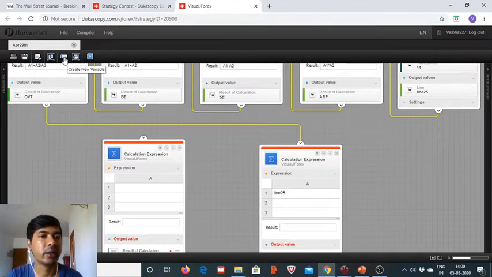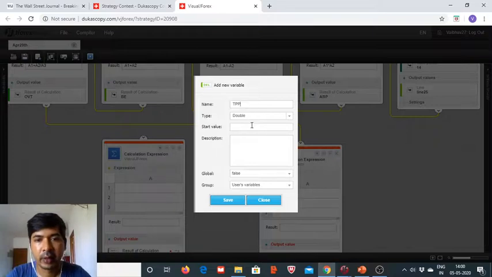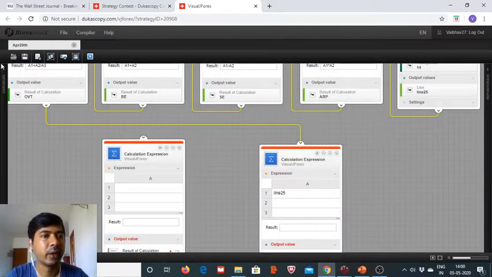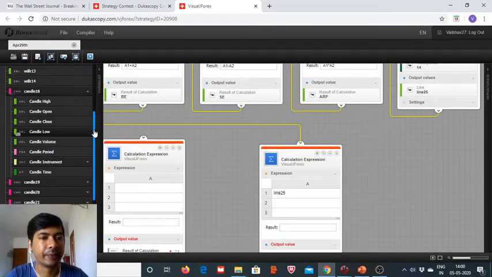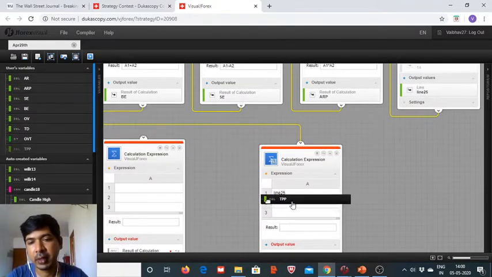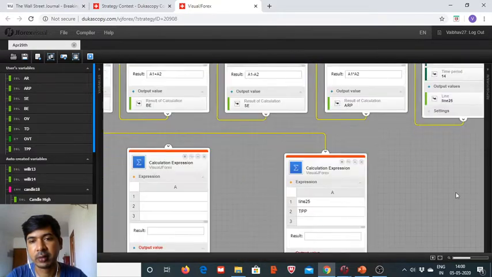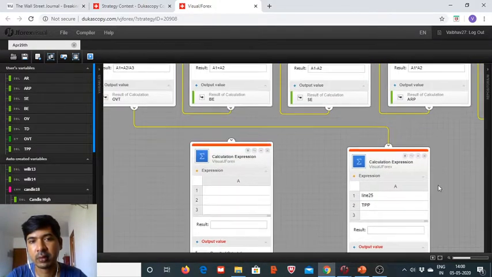Let us create a variable for take profit, so it will be TBB, and its value would be 1.1, and we get that. We multiply it and we get the target price.